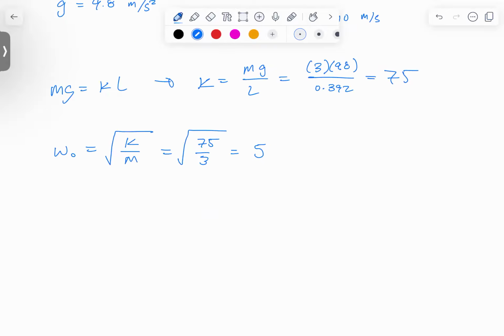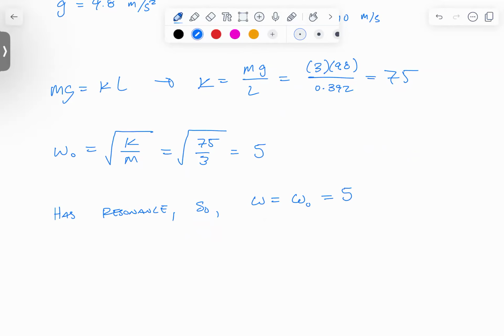This system, we were told, has resonance. So omega equals omega 0, which is 5.